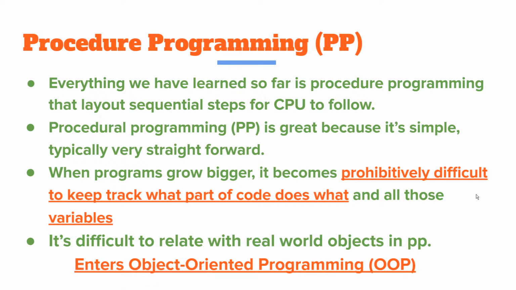Oftentimes, it's difficult to program something that is in the real world with procedural programming, as there are so many different things that you have to take into account that you would need thousands of lines. Whereas in OOP, you would only need, say, 100, 200 lines. Now, this might be a tiny bit of an exaggeration, but essentially, object-oriented programming saves you a lot of time and effort.